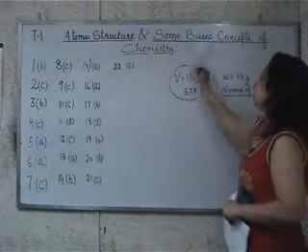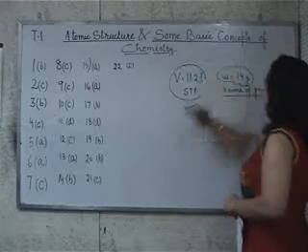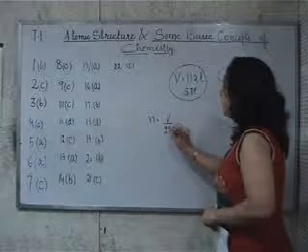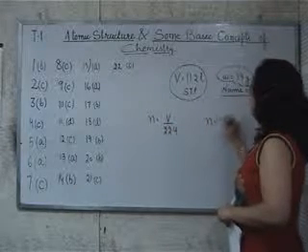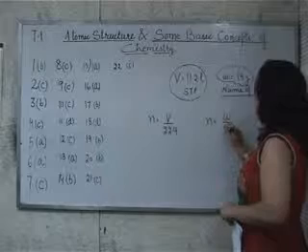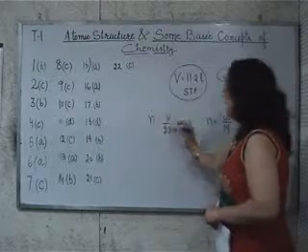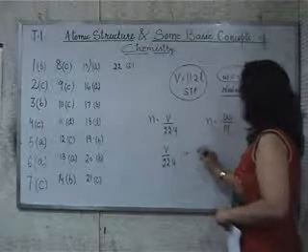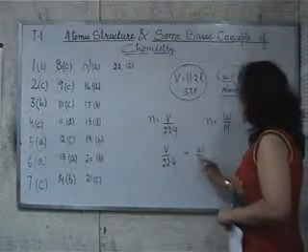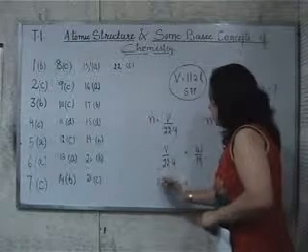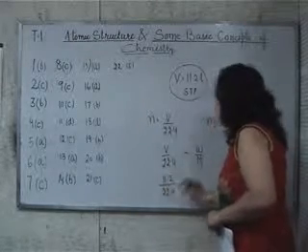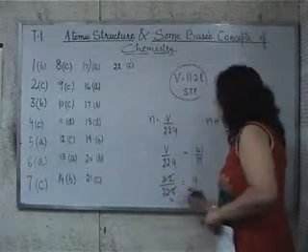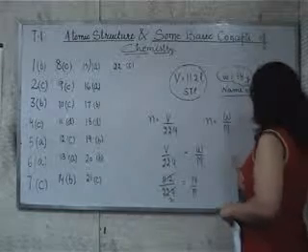Technique is, this is volume, this is weight. Number of moles is equal to volume by 22.4 liters, and number of moles is also equal to weight upon molecular mass. As both are number of moles, volume by 22.4 is equal to weight upon molecular mass. 11.2 by 22.4 liters is equal to 14 by M. M can be calculated, and M comes out to be 28.